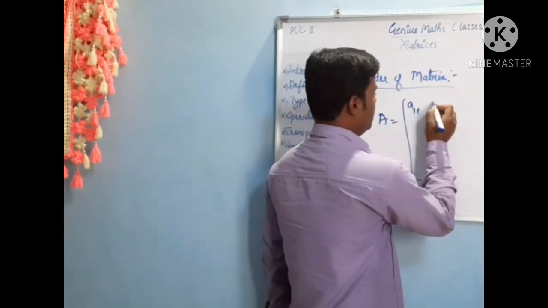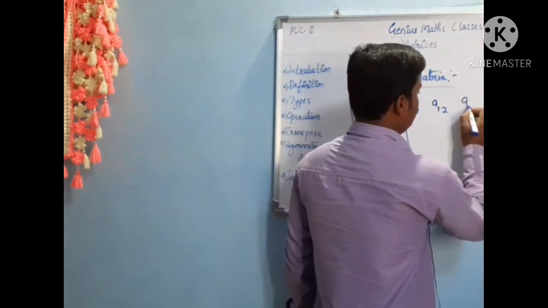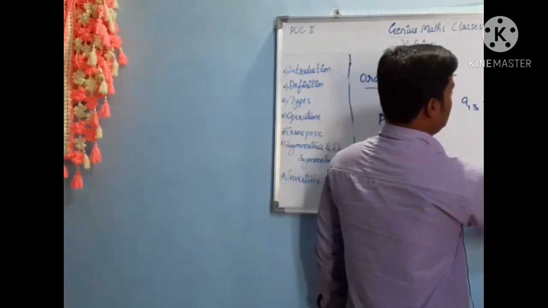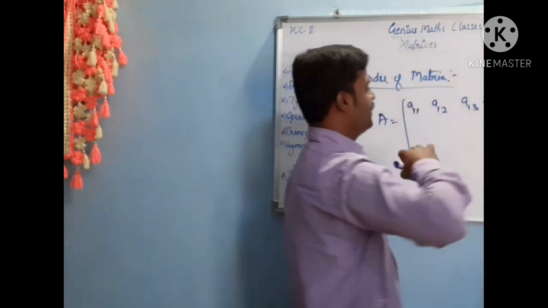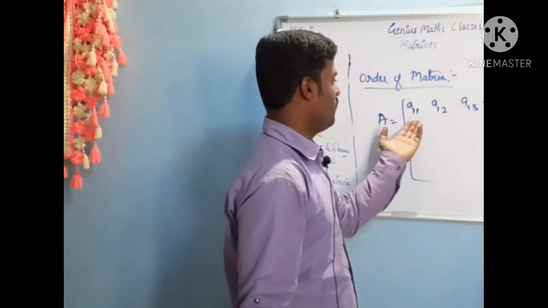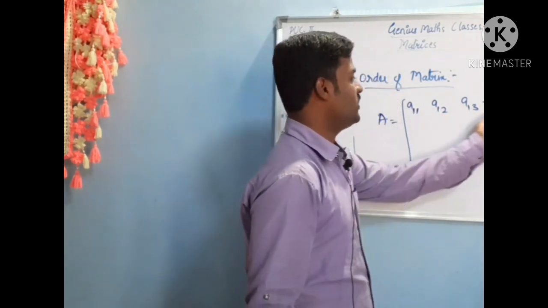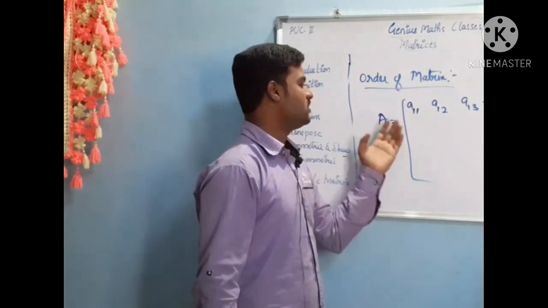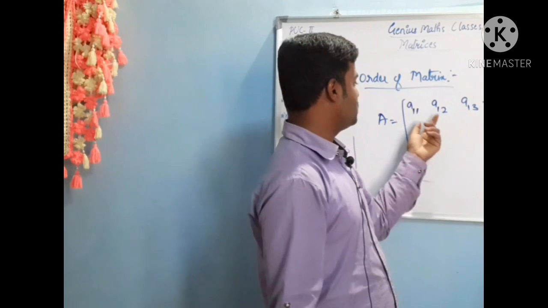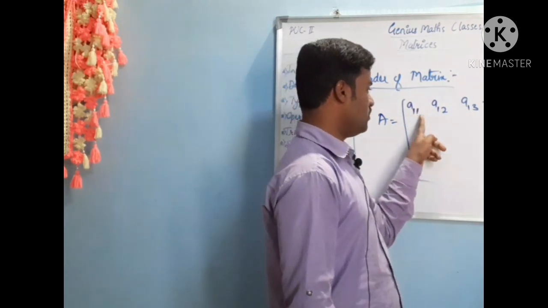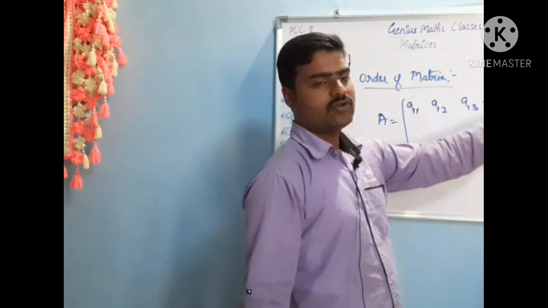Similarly, first row second column, first row third column, and extending to the first row, nth column. So the first row is A11, A12, A13, A1n. These are the elements of a general matrix, and this is the representation.